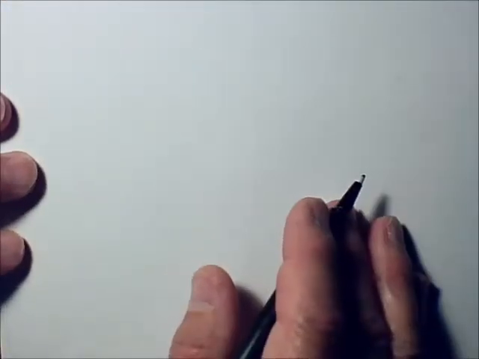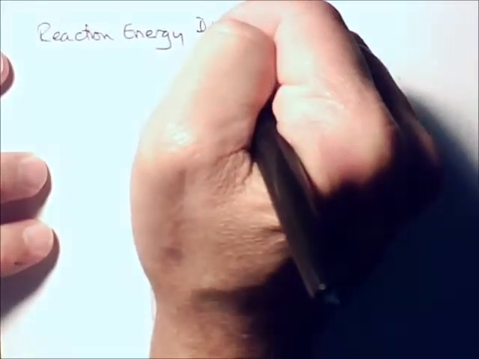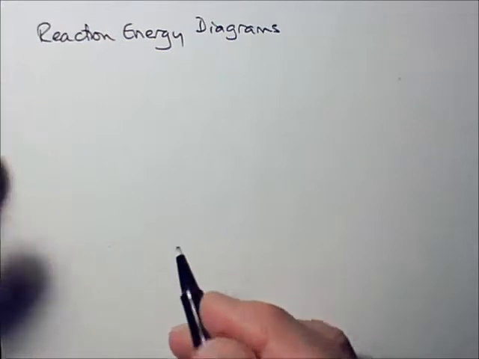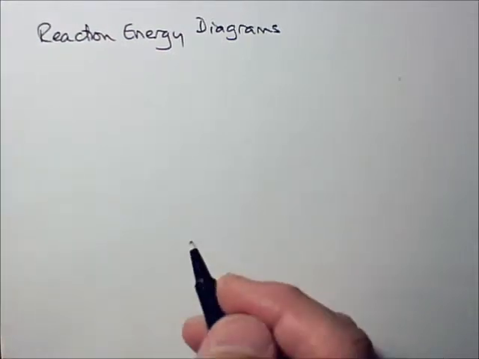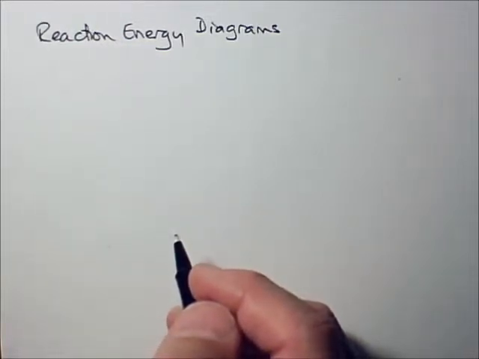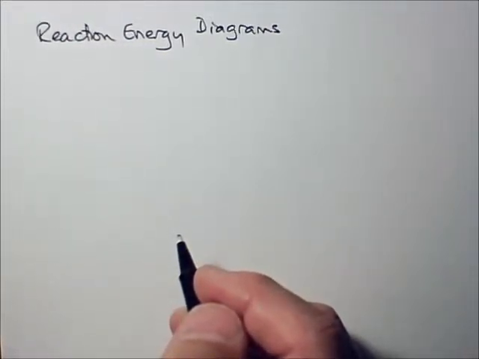Let's talk about reaction energy diagrams now. This is theory. It doesn't have to do with this lab; I'm trying to keep the lab simple, just making the calculations and interpreting the results to give you a clear and justified answer on the quiz tomorrow.